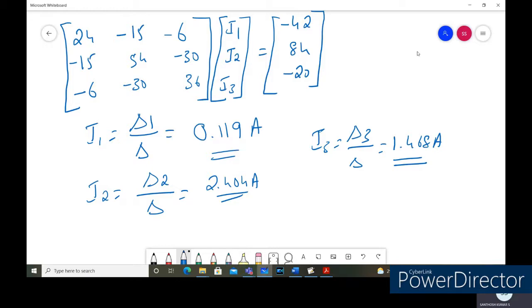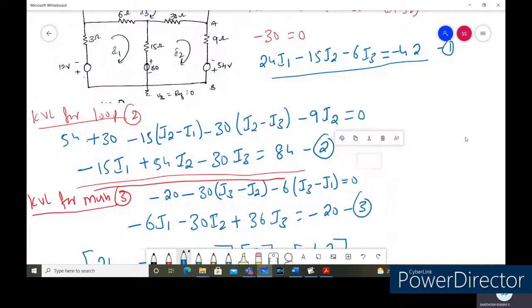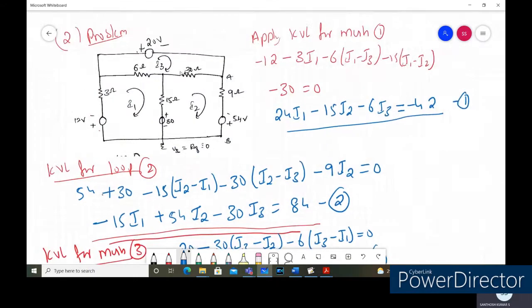Similarly, if you want to find the power dissipation in any part of the network, for example, assume we need it in the 9 ohm resistor, where the current I2 flows. Let us find the power dissipation.